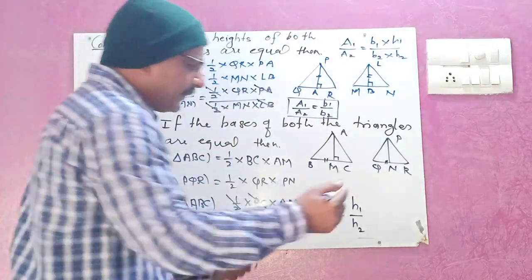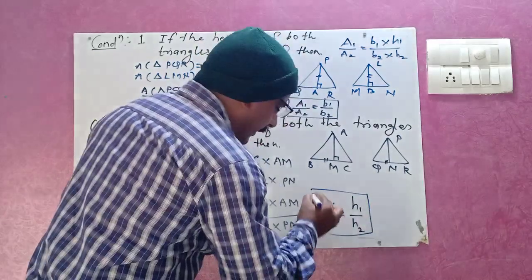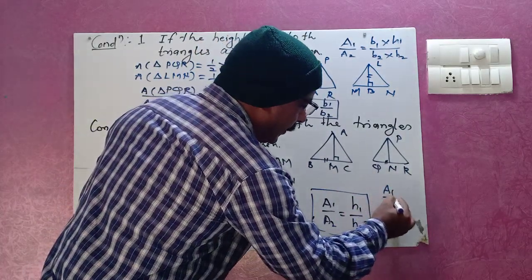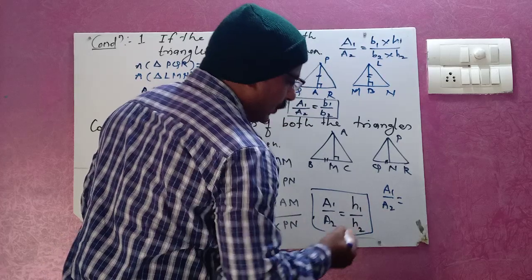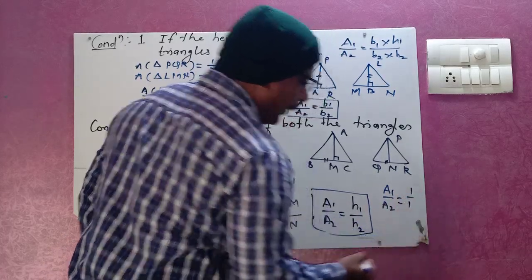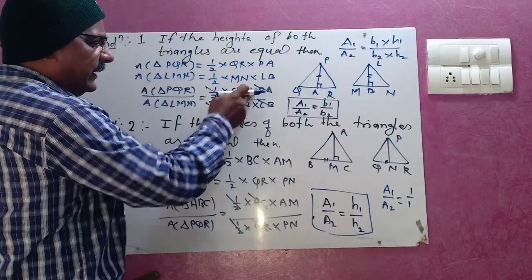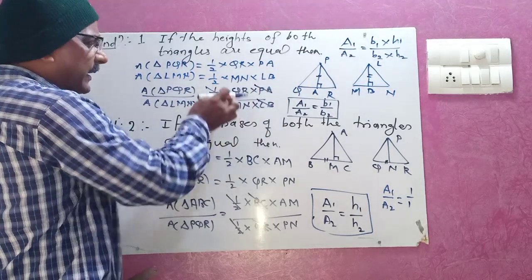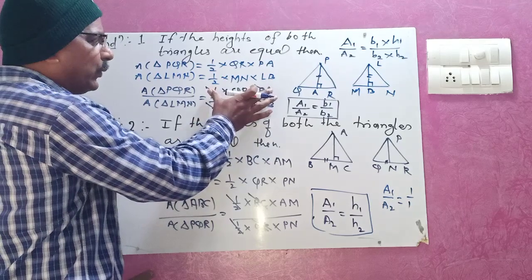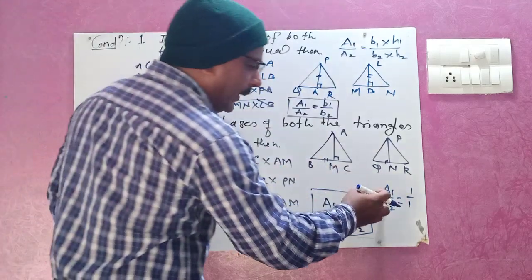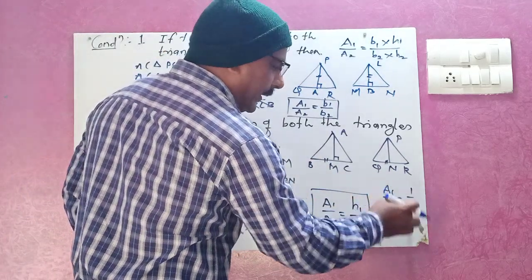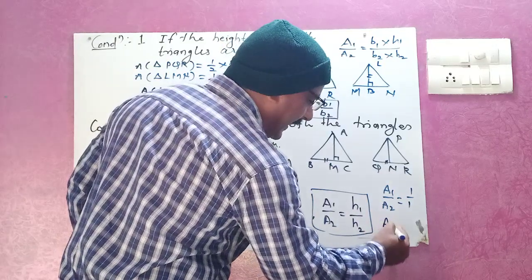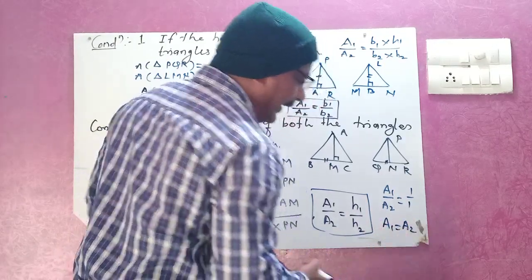It means here you will get A1 upon A2 is equal to 1 upon 1 because everything gets cancelled. So you will get 1 upon 1. Indirectly you can say that A1 and A2 are equal.